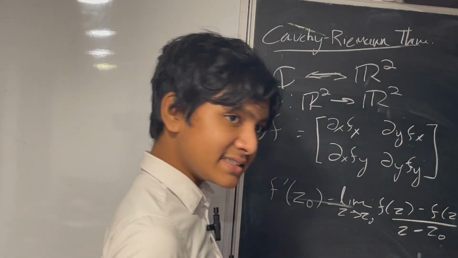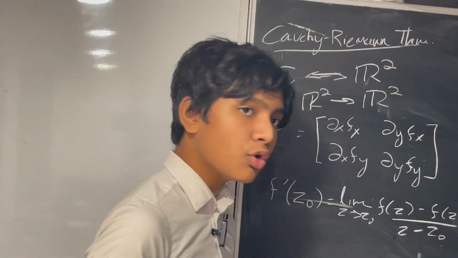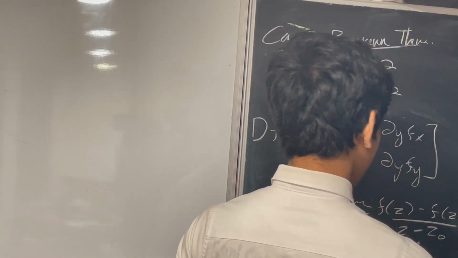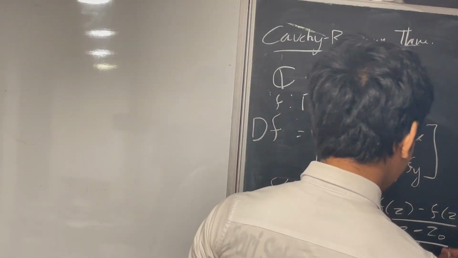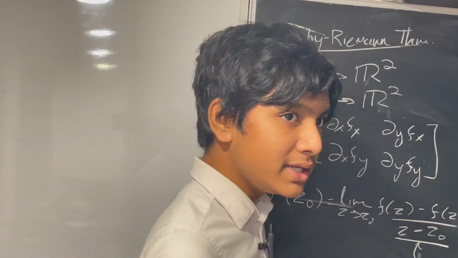The issue with any general R2 to R2 is that dividing by a vector has no meaning. But when complex numbers transform our vectors into numbers that we can freely divide by, then this derivative has all the meaning we need from it.